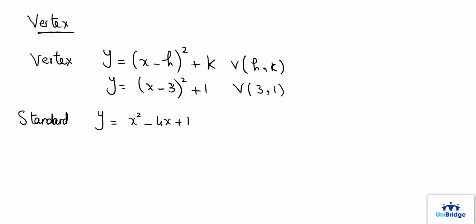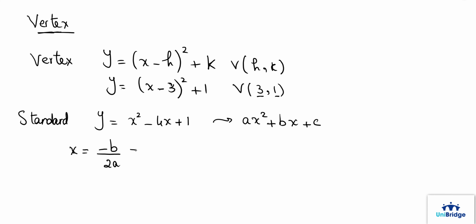So there's a rule that says that the vertex has an x and y. The x of the vertex is given by the formula negative b over 2a. And a and b are from the equation written as ax squared plus bx plus c, the same form we use for the quadratic formula.